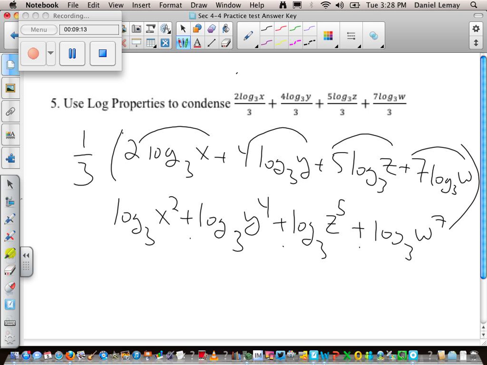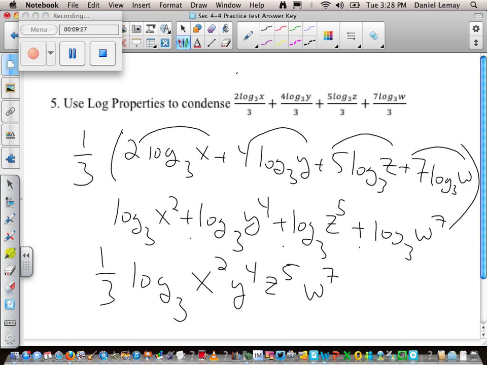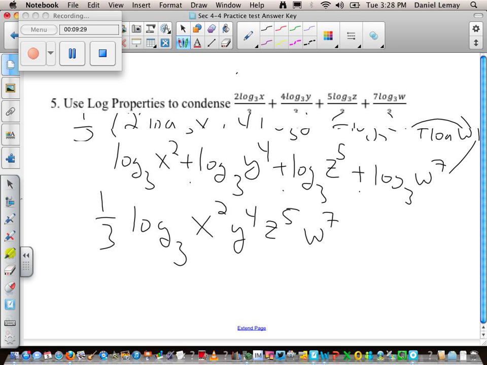Now, because these are all addition, I can just multiply all those things together, make it a single logarithm: x squared, y to the 4th, z to the 5th, w to the 7th, and I've got this 1/3 out in front.